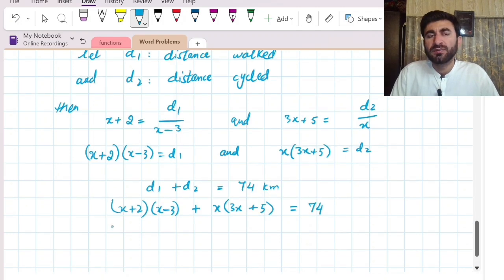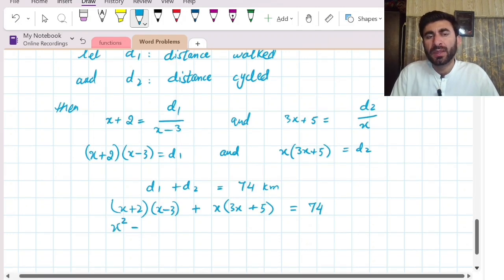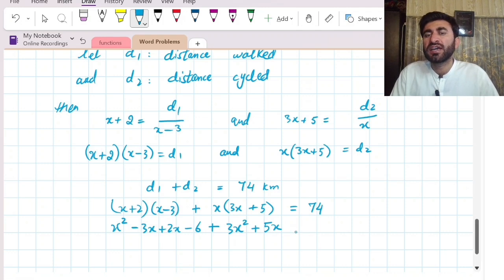The product will become x square minus 3x plus 2x minus 6, and the second product will become 3x square plus 5x, and because it is a quadratic equation, we have to move 74 to the left hand side. It becomes minus 74 equals 0.